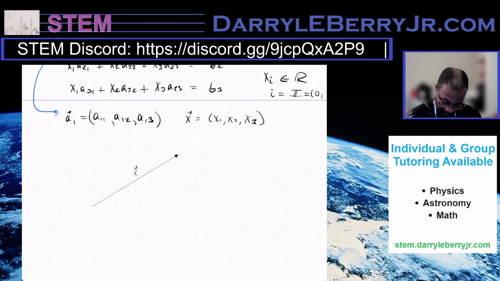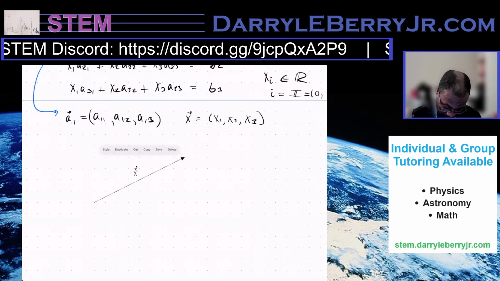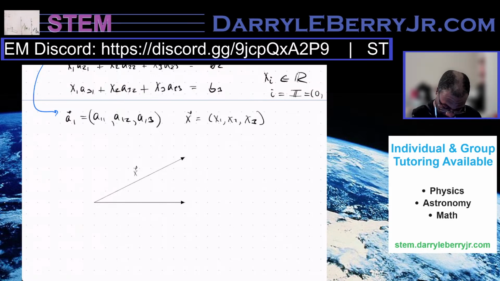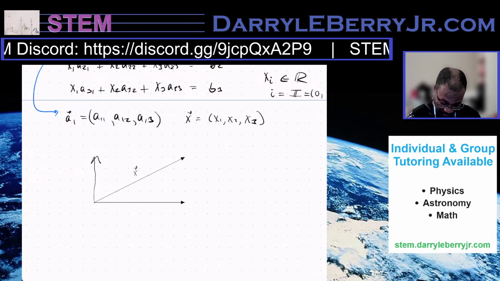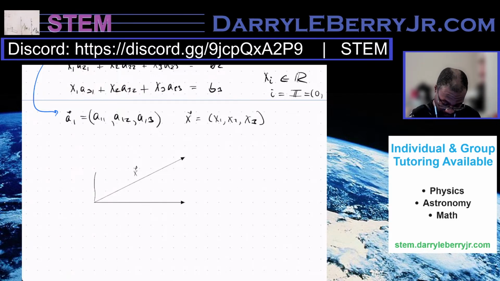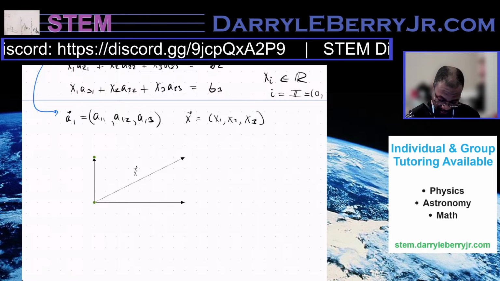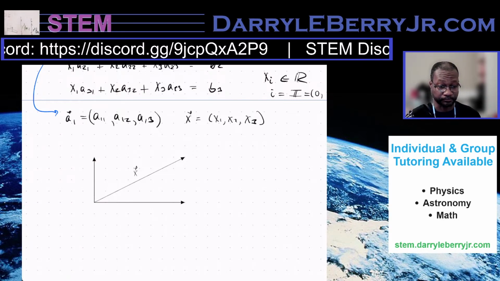So we know that x will have two components to it, one that's going horizontal and one that's going vertical, let's say.